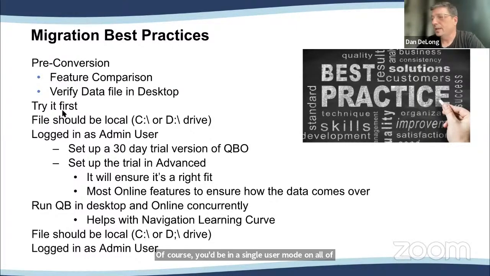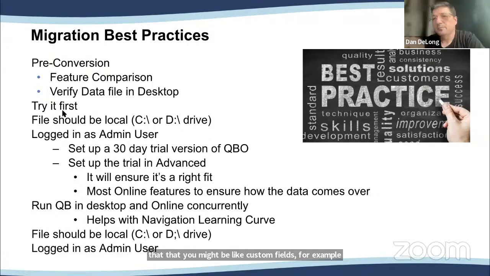But set up a 30-day trial of QBO. You can set the trial as Advanced. That way you're choosing the version with the highest feature set, so you're making sure that whatever does convert comes over to QuickBooks Online Advanced, and you're taking advantage of some of those features, like custom fields, for example.